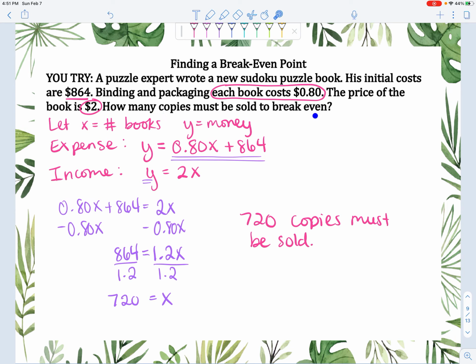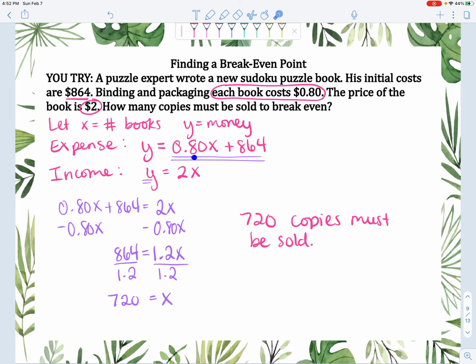How many copies must be sold to break even? So again, we want to define our variables. Money is going to be our dependent variable. The amount of money depends on the number of books. We have an expense equation and an income equation. Our expense equation, we were told that the initial cost, so that's a B value, and then also we were told that each book costs 80 cents to make. So it does cost money to make these books.